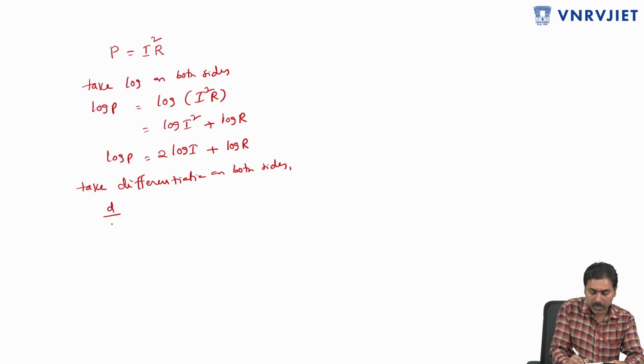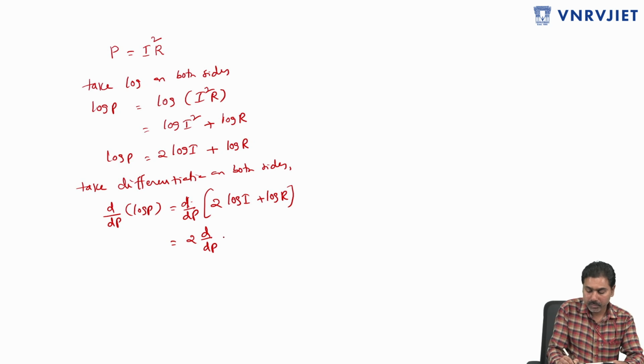Then it is d by dp of log P is equal to d by dp of 2 into log I plus log R. This is equal to 2 into d by dp of log I plus d by dp of log R.